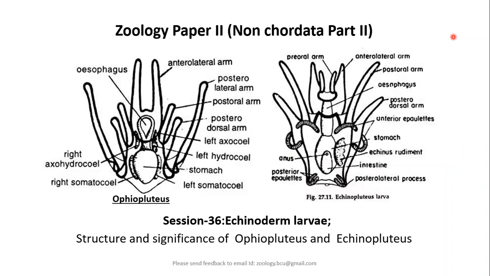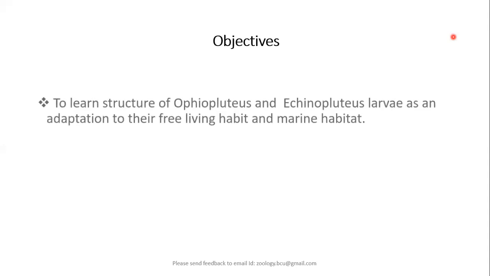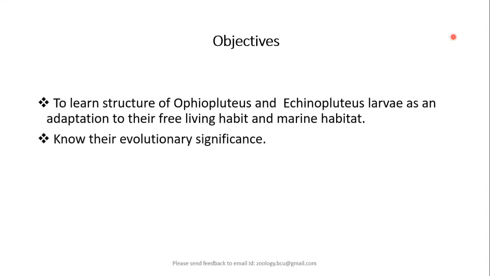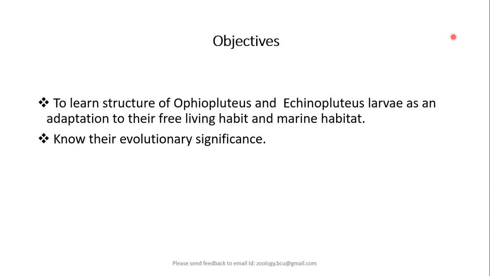In this session, we are going to continue the study of echinoderm larvae, and specifically we are going to study the structure and significance of Ophiopluteus larva and Echinopluteus larva. As usual, you may wonder why we want to study the structure of these larvae.